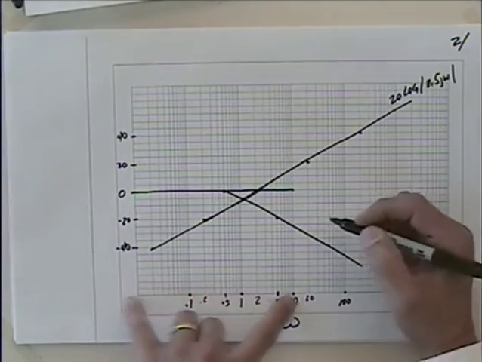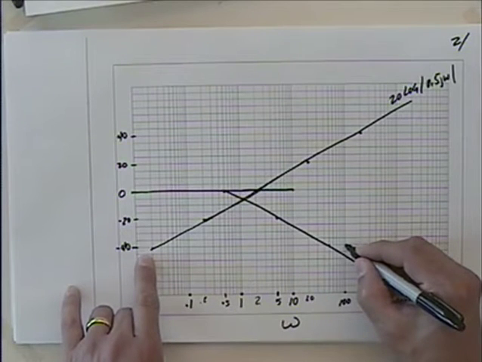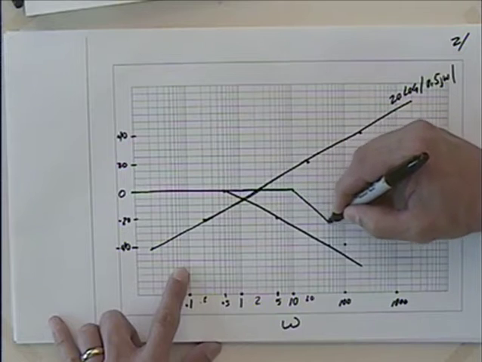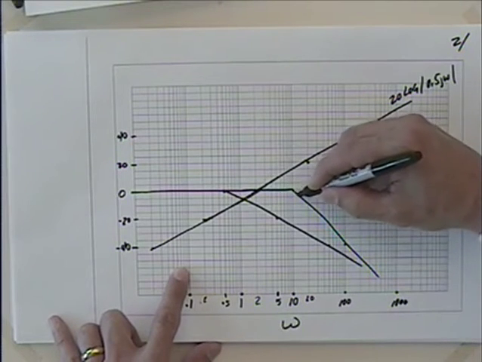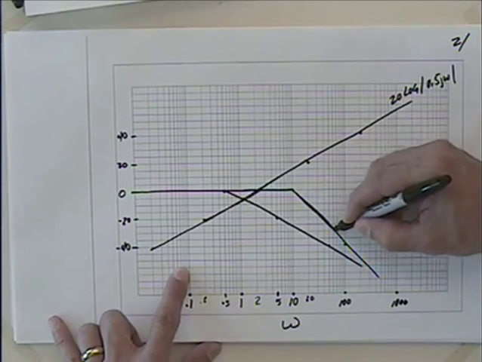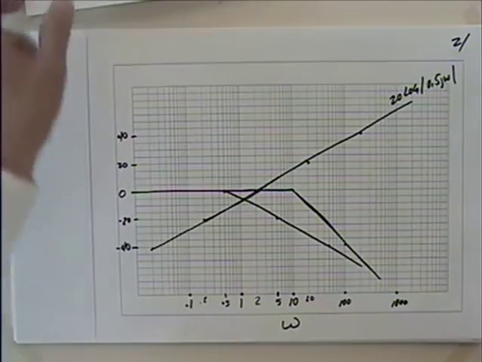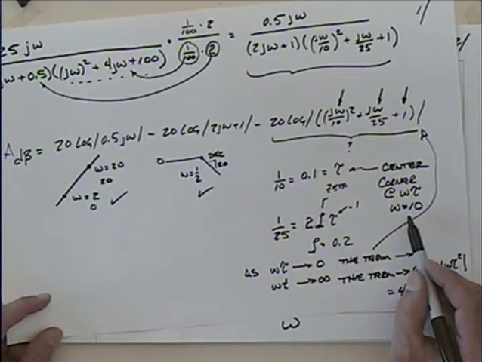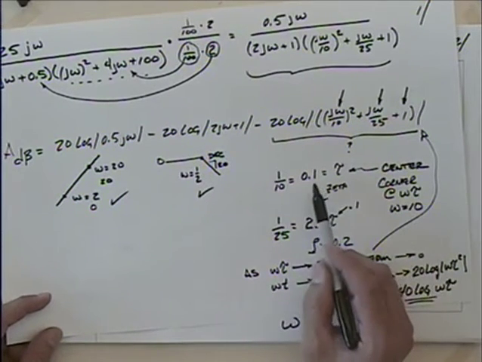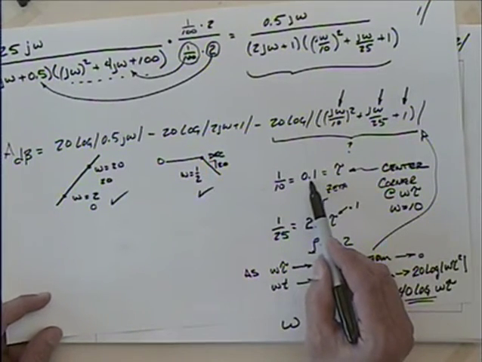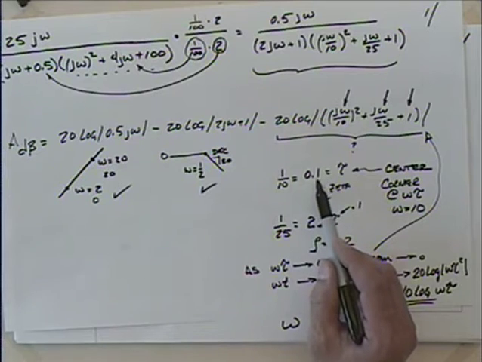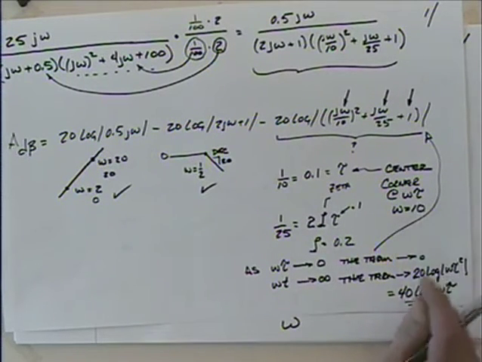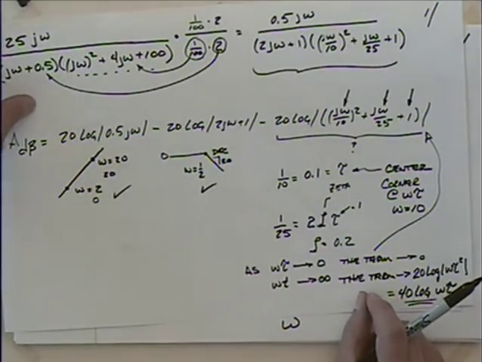So I've got to be at 100, I better be at minus 40. So I'll do something like this. Where the corner was 10? Yeah. Because tau is equal to 0.1, and the log term goes to 0 if omega is equal to 10. Okay.